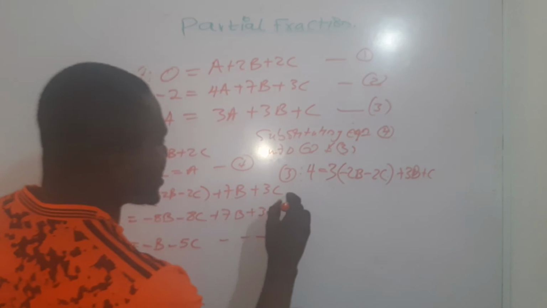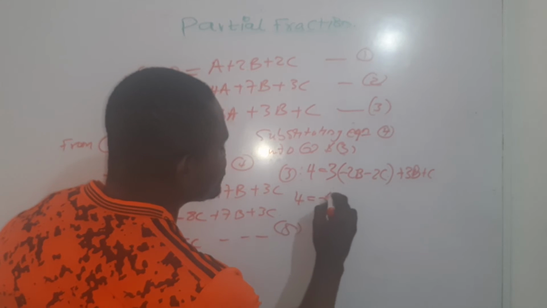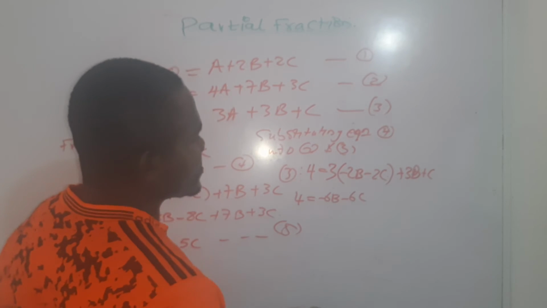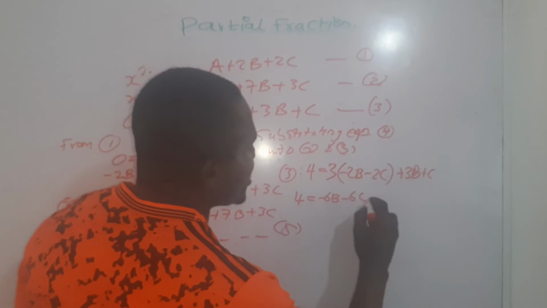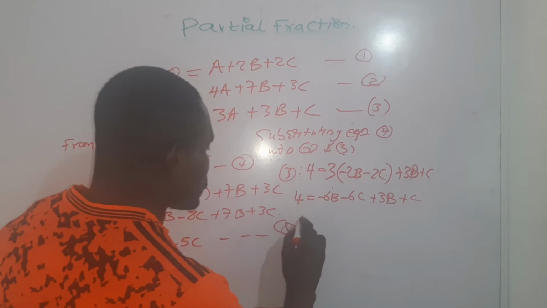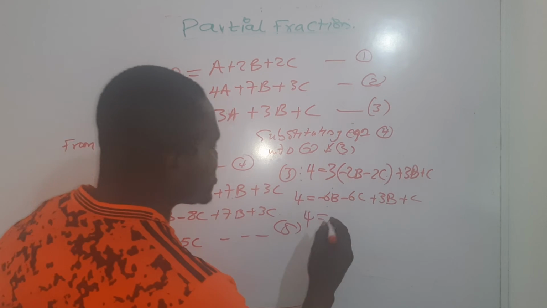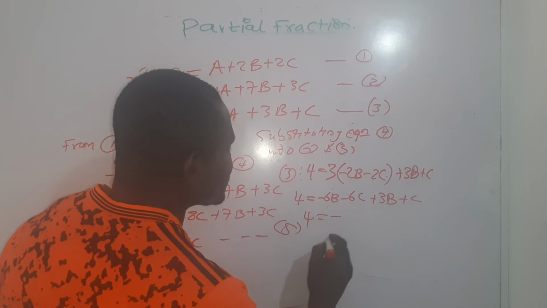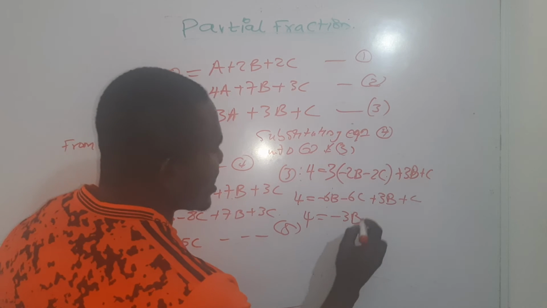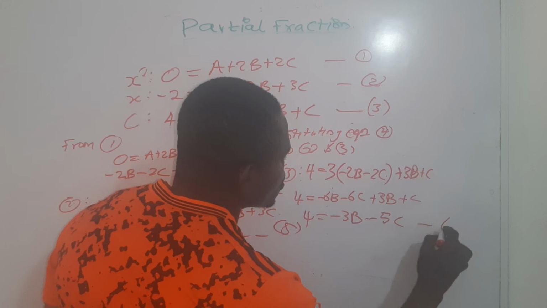Now we open the bracket: 4 equals to 3 times minus 2b, we have minus 6b, 3 times minus 2c, minus 6c, then plus 3b plus c. Then we collect terms: 4 equals to minus 6b plus 3b, that is minus 3b, and minus 6c plus c, we have minus 5c. You can call this one equation 6.